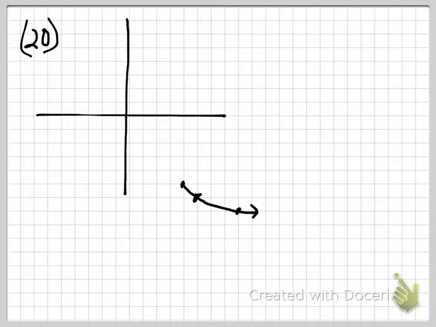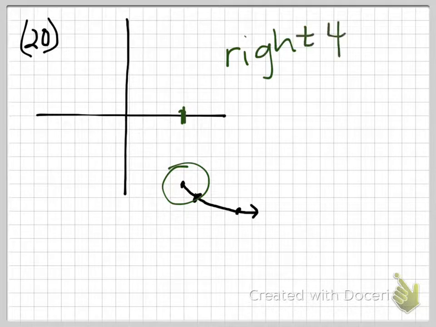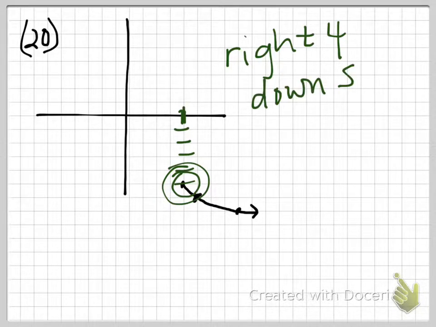Alright, number 20 gives you a picture instead of giving you the words, so we have to figure out for ourselves how far to the right it is shifted. 4 places. How far down has this been shifted? 5 places. From the first dot to the second dot, it just goes negative 1, so that's basically like my slope.